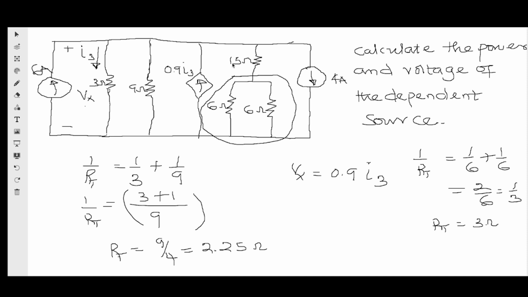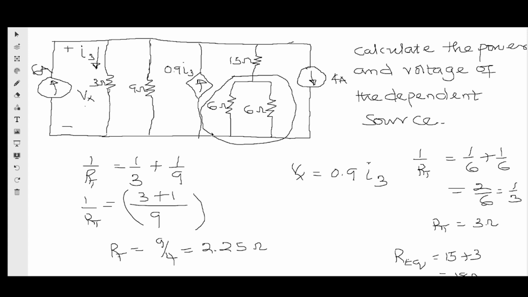And if it is in series with 15 ohms, when I combine it together, it will give me what? 18 ohms. So the R equivalent is 15 plus 3, which is equal to 18 ohms. So that is simple.